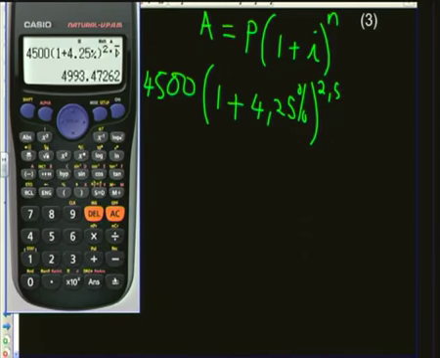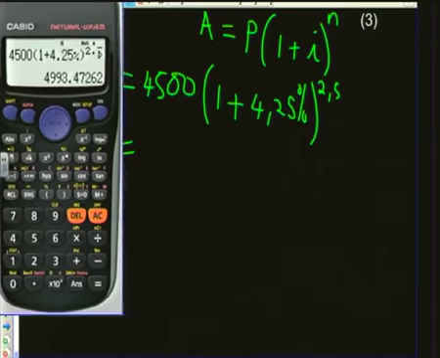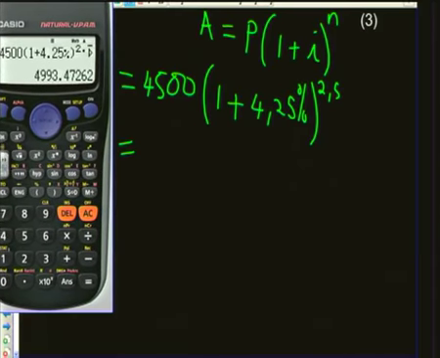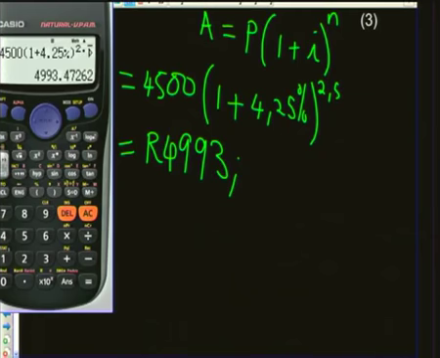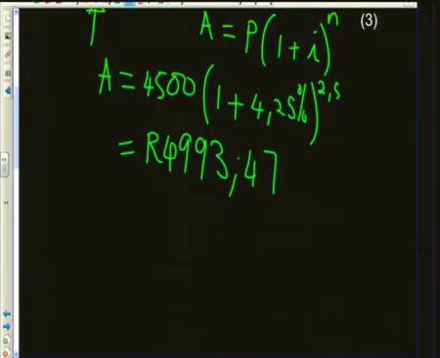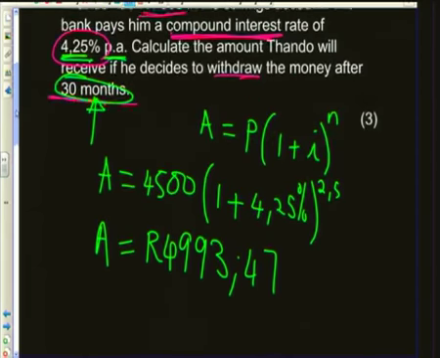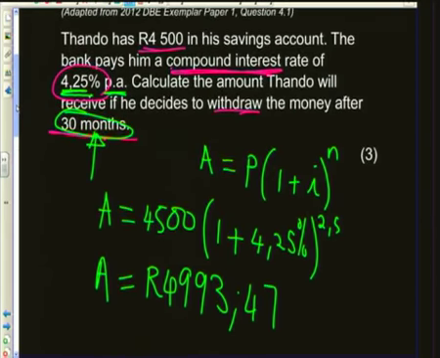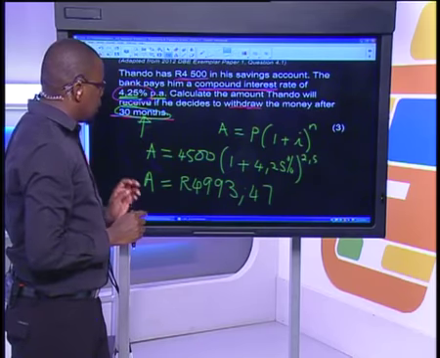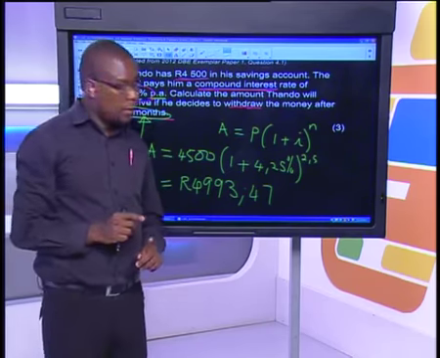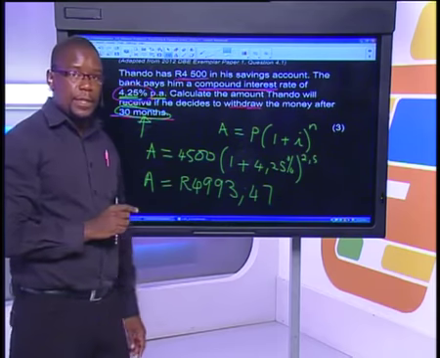Right, so we get 4,993 rand 47 cents. Let's just double check there. So the amount that Tando is going to get after a period of 2.5 years is 4,993 rand 47 cents if the interest is 4.25%.